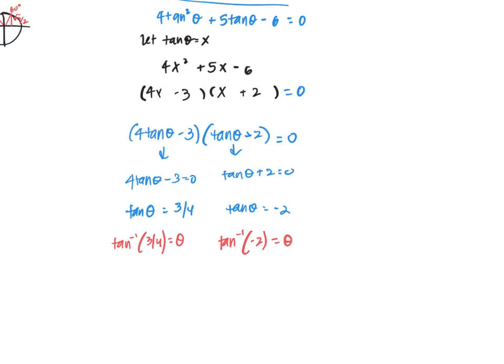And then if you put that in your calculator, let me pause and do that. You will get theta equals 36.9 degrees over here, and you would get theta equals -63.4 degrees here.